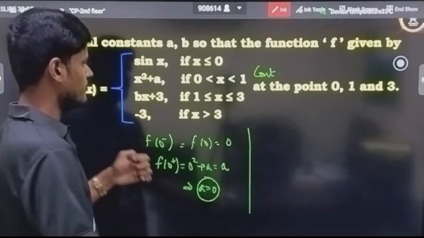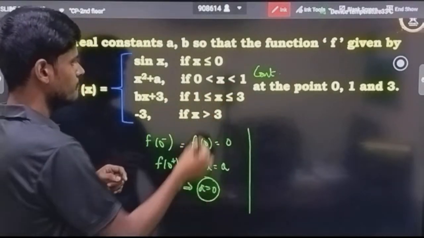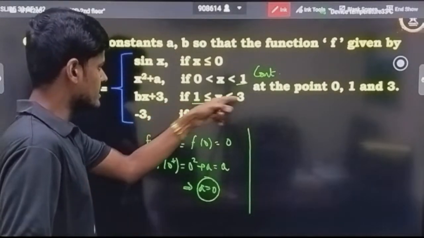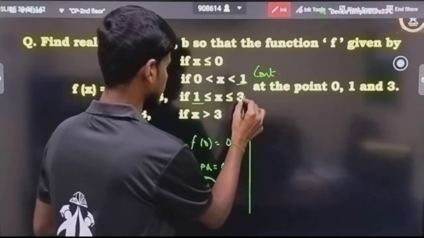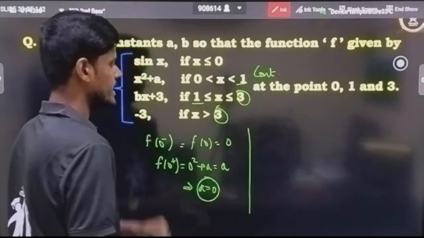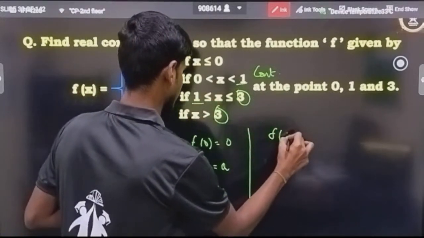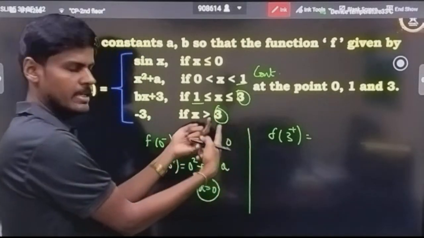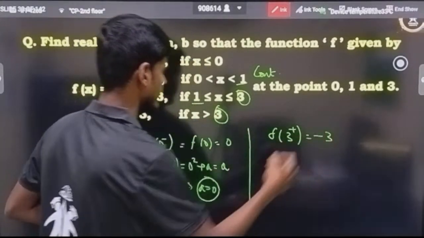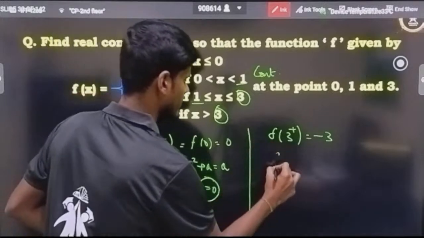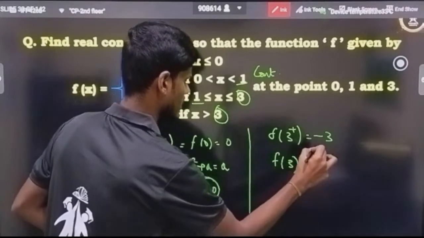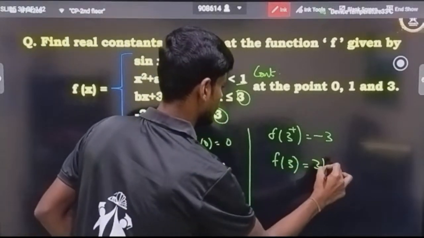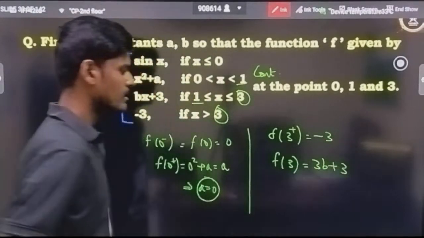Now how to find the value of b? Again we will take 1. We can take this example also, or we can take 3 also. Okay, we will take 3. What about f of 3 plus? That is right hand limit. So after 3, this value will be minus 3. And what about f of 3? f of 3 will be defined by 3b plus 3.